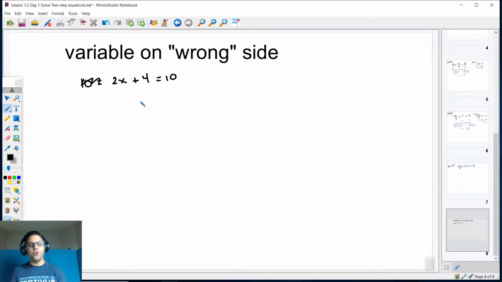Now you have a normal problem to complete. You do your adding, subtracting first, multiplying, dividing second, but again, it looks just a little bit better. And when you get into really advanced problems again, it might be helpful to simplify it, and then when you get to this point, just make sure the variable's on the left side. I teach it that way because again, it's easier later on the more difficult problems.